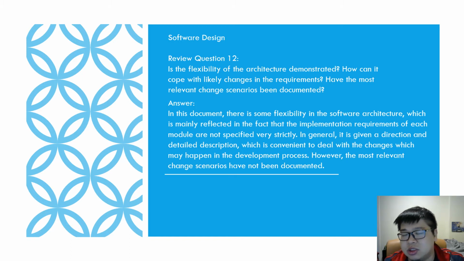In general, it just gives a direction and a description, which means it can conveniently deal with changes which may happen in the future development process. However, the most relevant change scenarios have not been documented in our document.